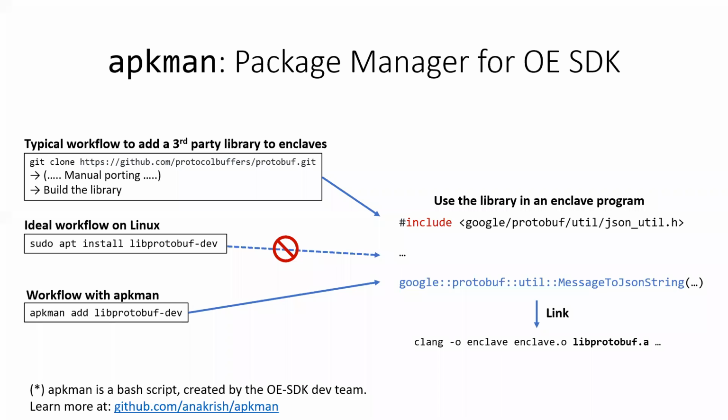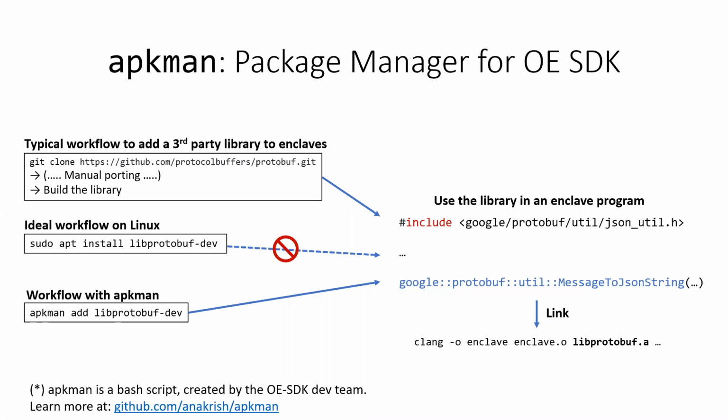This is not normal. If you are a familiar Linux user, you are more familiar with the second workflow, where you just use apt-get, for example, apt to install whatever package you want. Then you can resolve all the dependencies, and you can just write your program using the headers and the libraries.